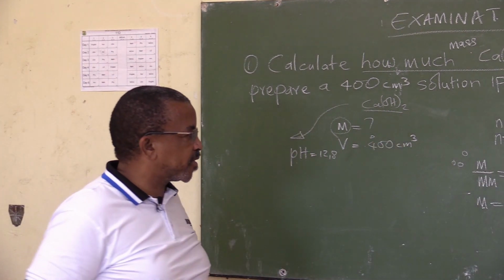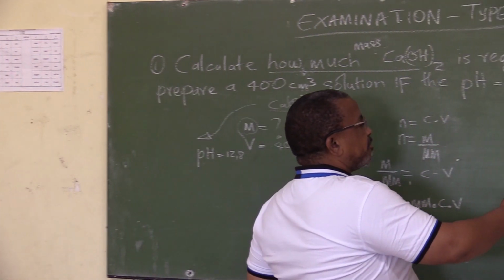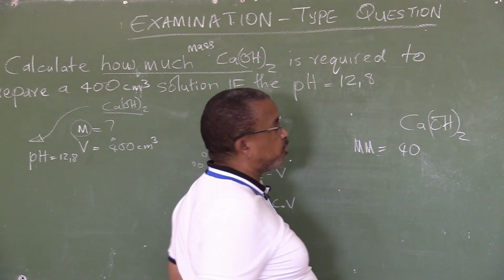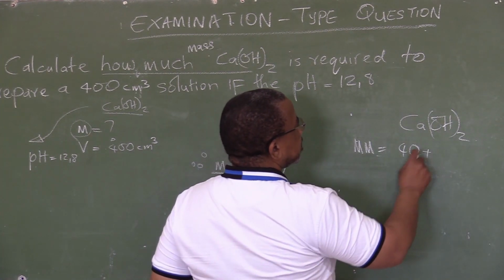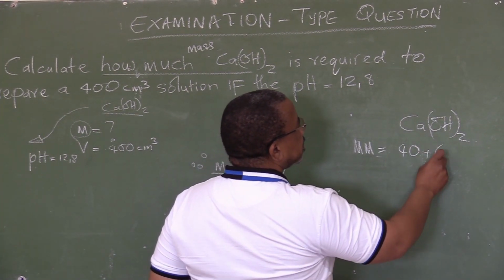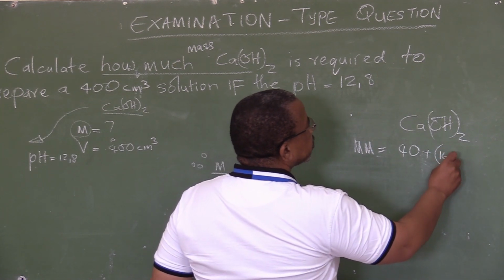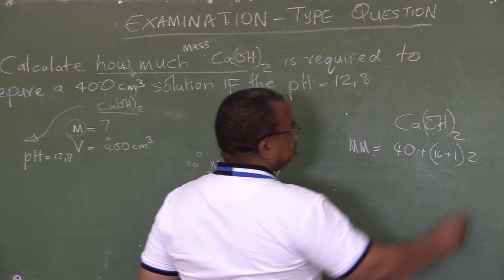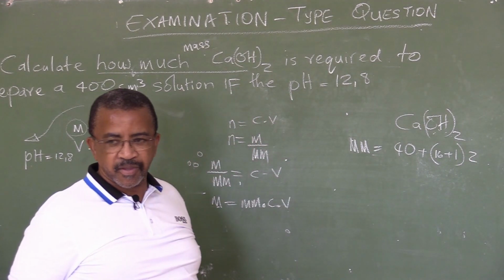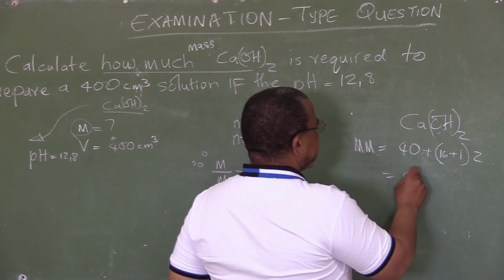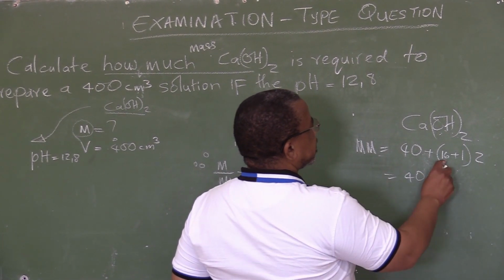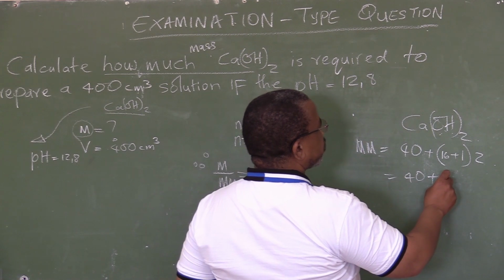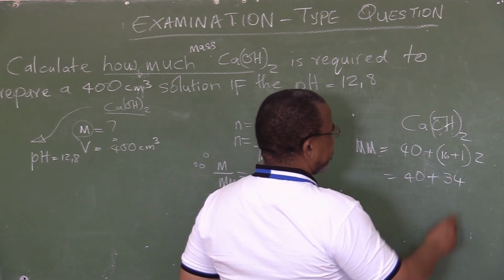Molar mass of calcium: with the periodic table, the atomic mass of calcium is 40. Oxygen 16, hydrogen 1 times 1, and there are 2. So we have 40 plus 16 plus 1, which is 17. 17 times 2 is 34.